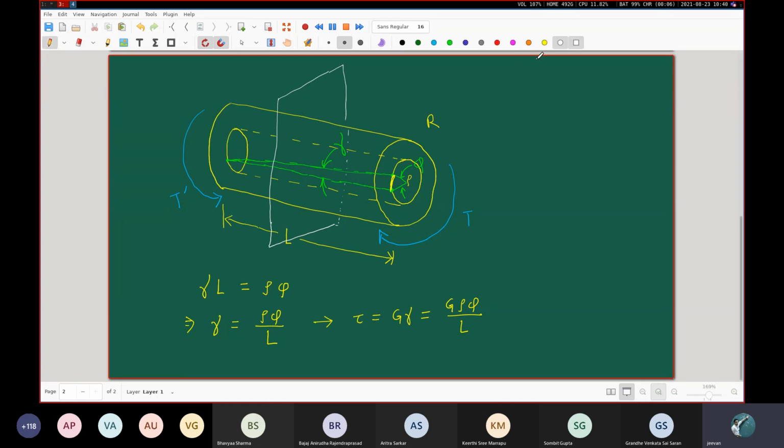Now, when you take a cross section like this, you are basically considering a cut section which is like this. You are passing this cut section or cross section, you separate out the thing. Let me go to the next slide.